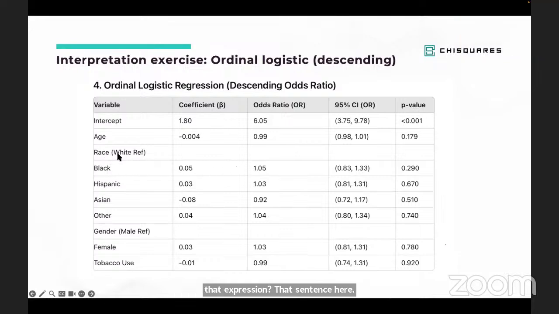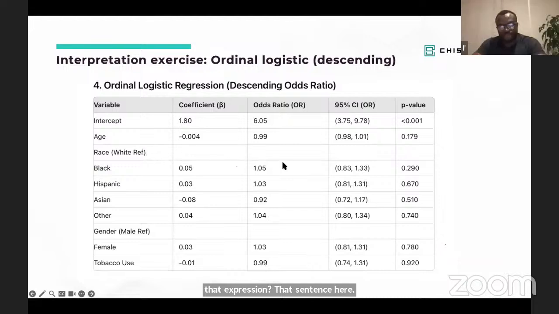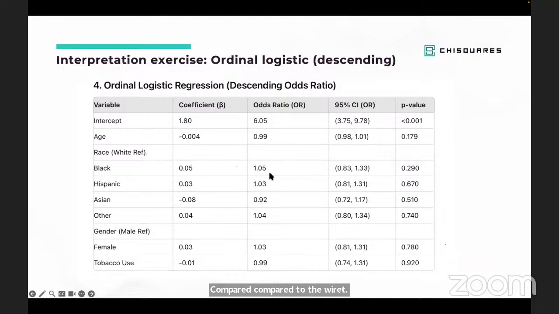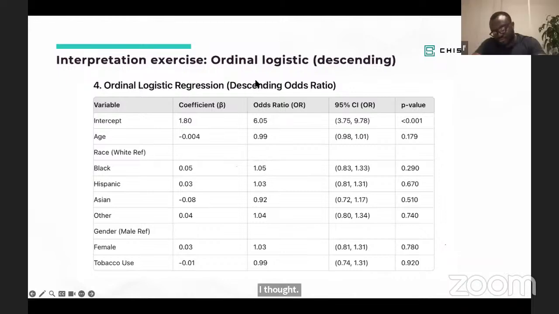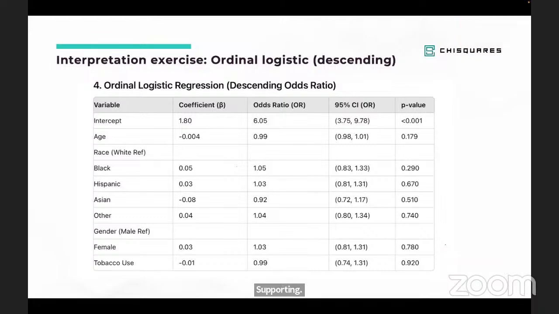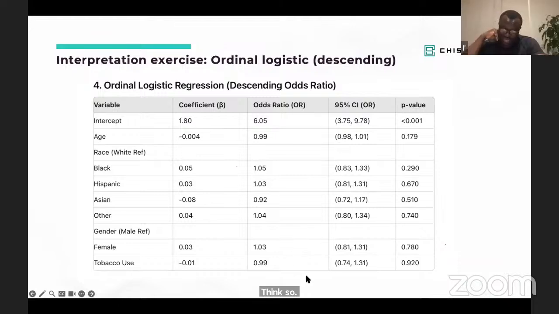Compared to the white, the black has 1.05 times higher odds of supporting. Okay, your line is breaking.